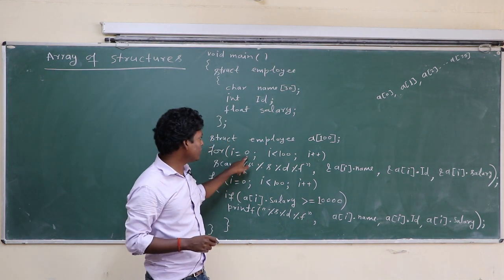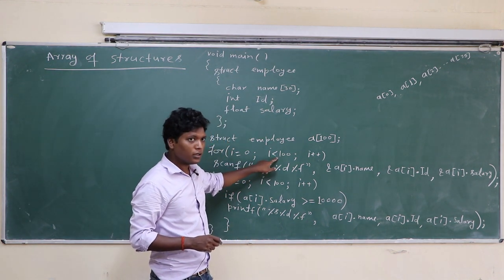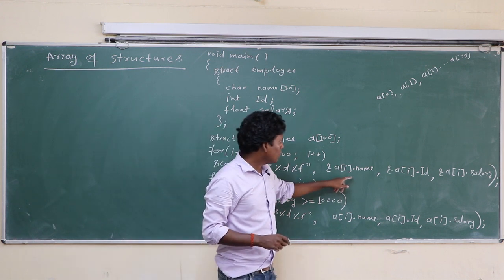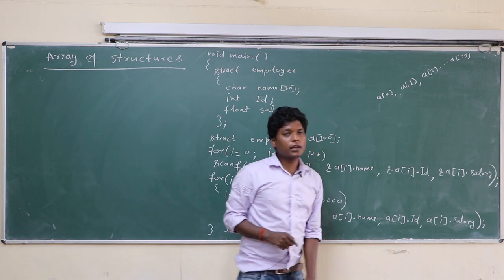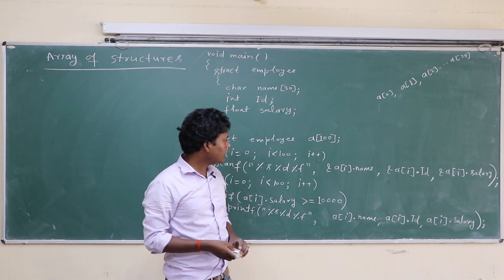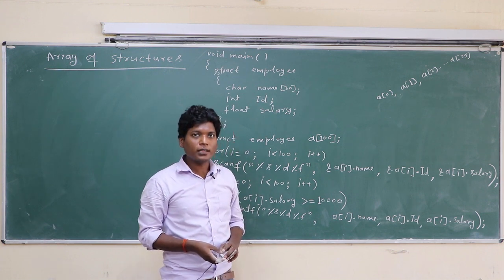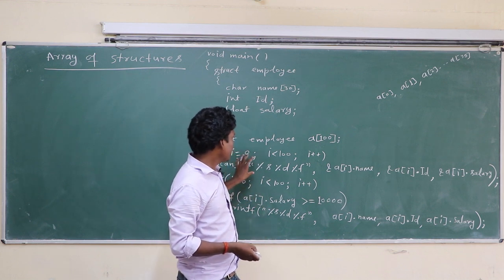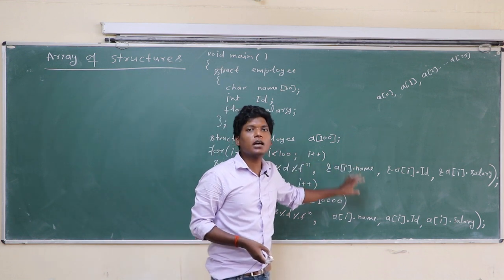When i becomes 1, less than 100, yes, again all three details are inputted for the second employee. In this way we input the details of 100 employees.